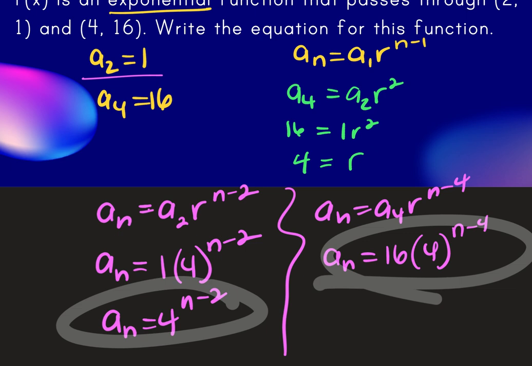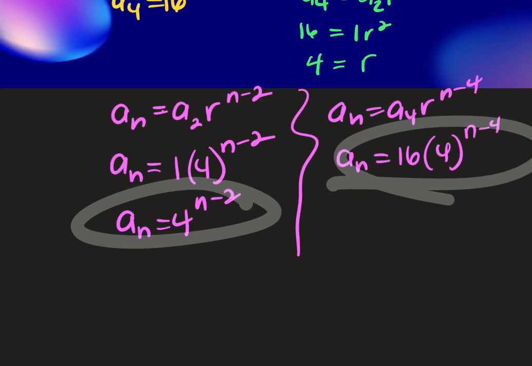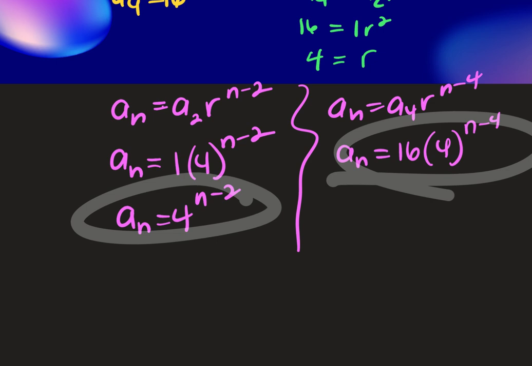If it was multiple choice, you would obviously see one of those, okay? A lot of times it will say, which of the following could be an equation to represent this function, and it would be in that format. And then at the end, the last thing we're going to do is rewrite that so it's a function. f of x equals 4 to the n minus 2, which can also be rewritten as 4 to the x minus 2.